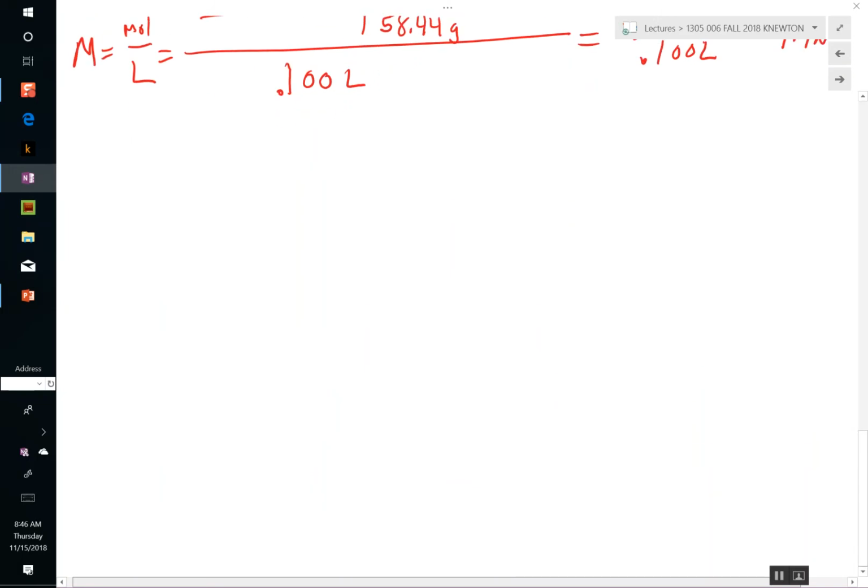So let's say you do this calculation. We're going to work with copper sulfate. It actually ends up being copper sulfate pentahydrate, but let's say we're working with copper sulfate.